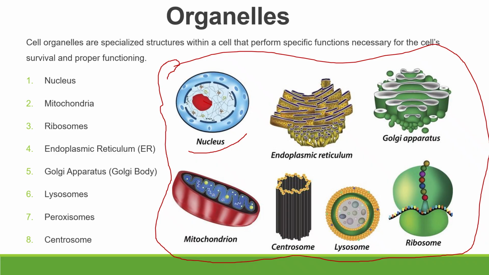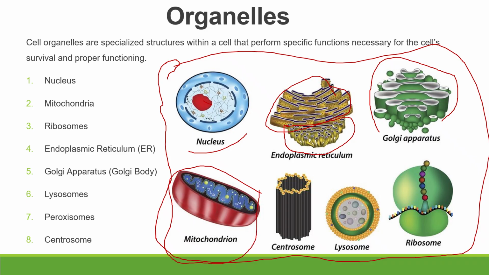Here we can see the nucleus and the endoplasmic reticulum. This is the smooth endoplasmic reticulum because there are no ribosomes present. And here you can see the rough endoplasmic reticulum, which has projections, meaning it has ribosomes. Here you can see the Golgi apparatus structure and the mitochondria, where ATP production occurs, and the centrosome, lysosome and the ribosome.